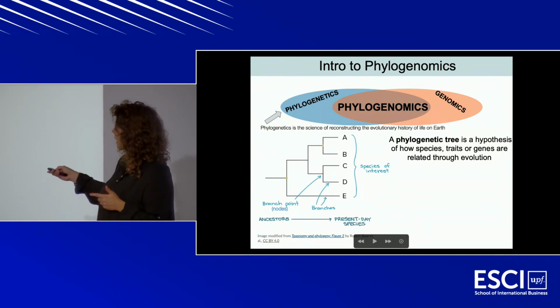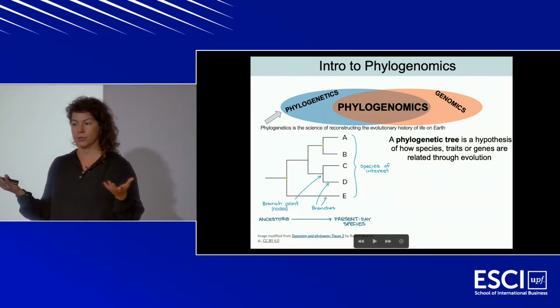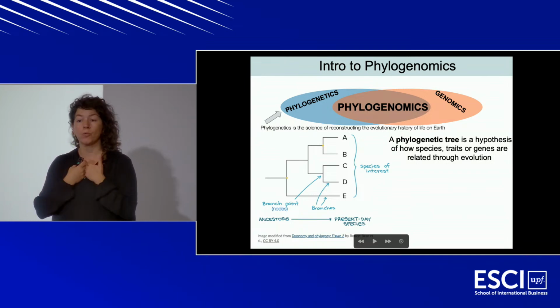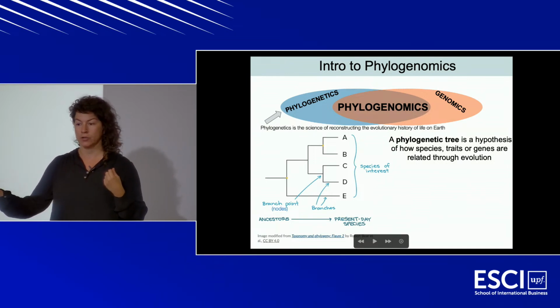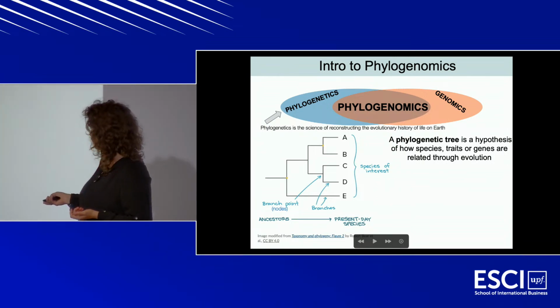In this context, A is more closely related to B than to E, for example. And as you can intuitively think, this is very helpful to understand, for example, how we are related to fish or how a butterfly is related to a beetle, to understand the animal tree of life.